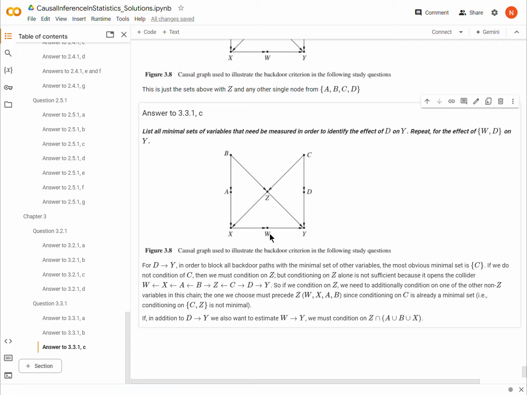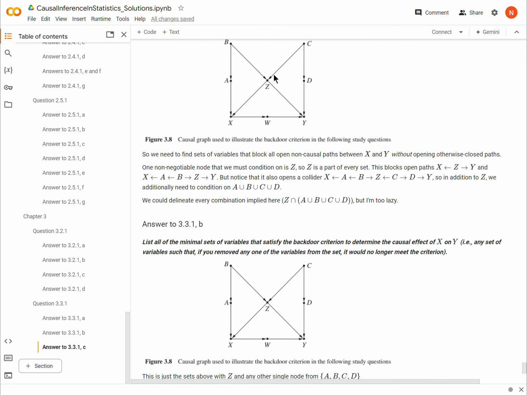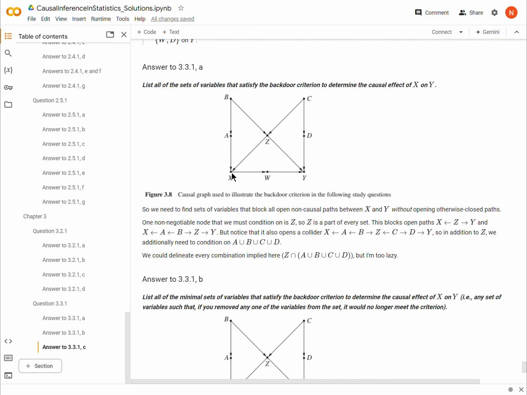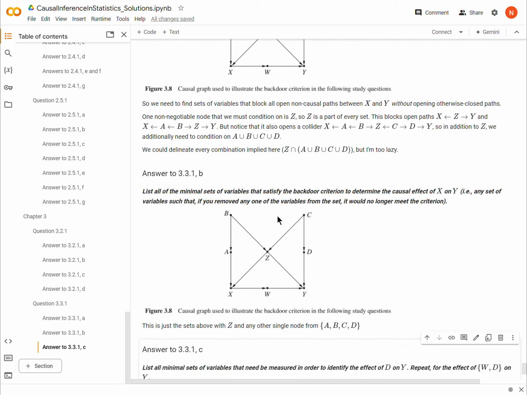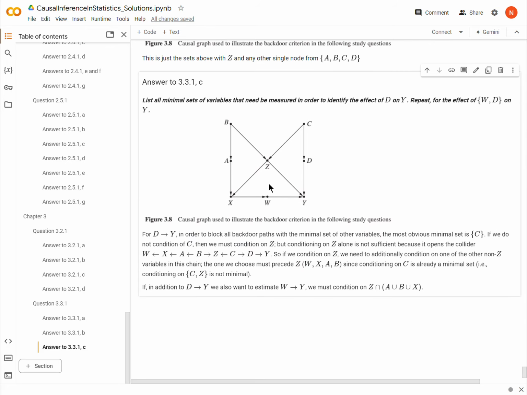Now, if we shift to this context where we want to find the causal effects of both W and D on Y, well now we have to condition on Z for the same reasons that we had to condition on Z when we were trying to find the causal effect of X. So now it's non-negotiable that we have to condition on Z, but once again we need to close down all the backdoor paths that are opened by conditioning on Z, which is a collider.